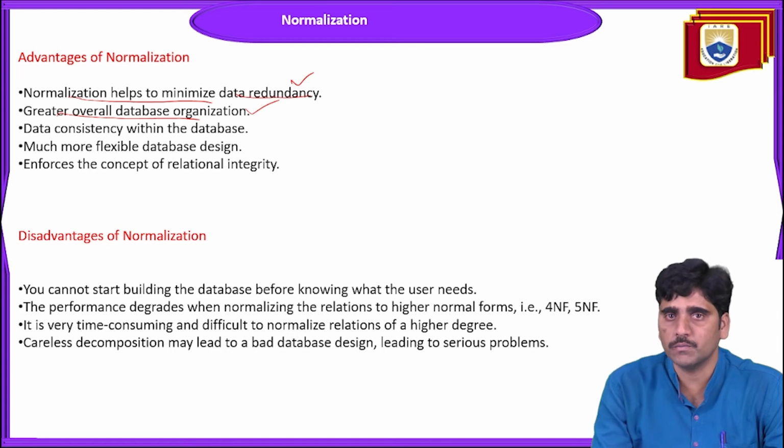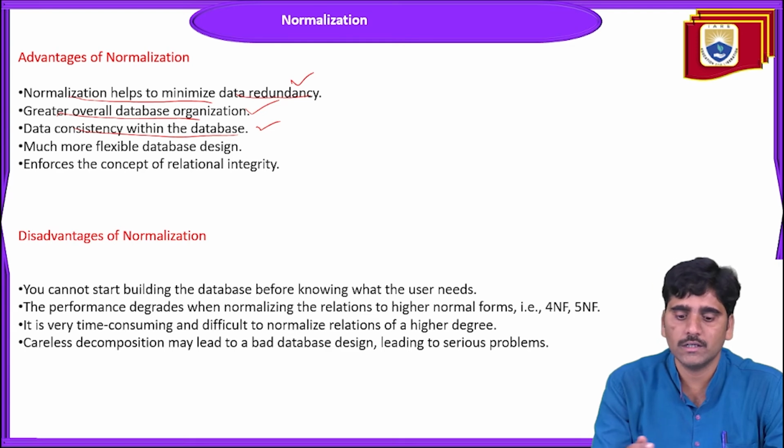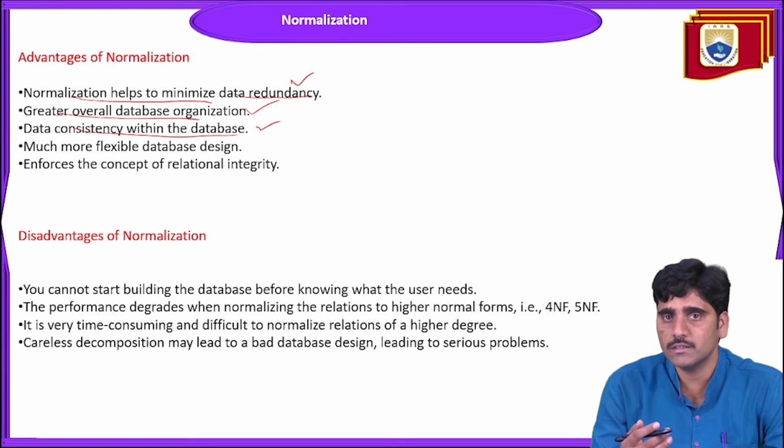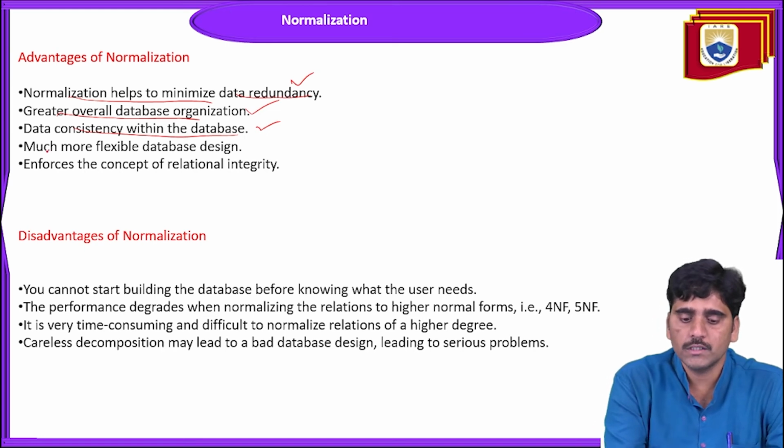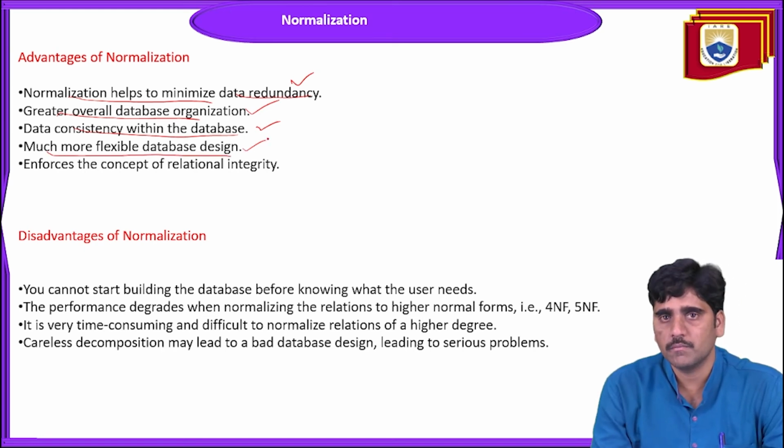So it helps to minimize the different types of anomalies we discussed previously, and keeps data consistent within the database. Automatically the anomalies are minimized, and the data is going to be very consistent in the database. It also gives a much more flexible database design.